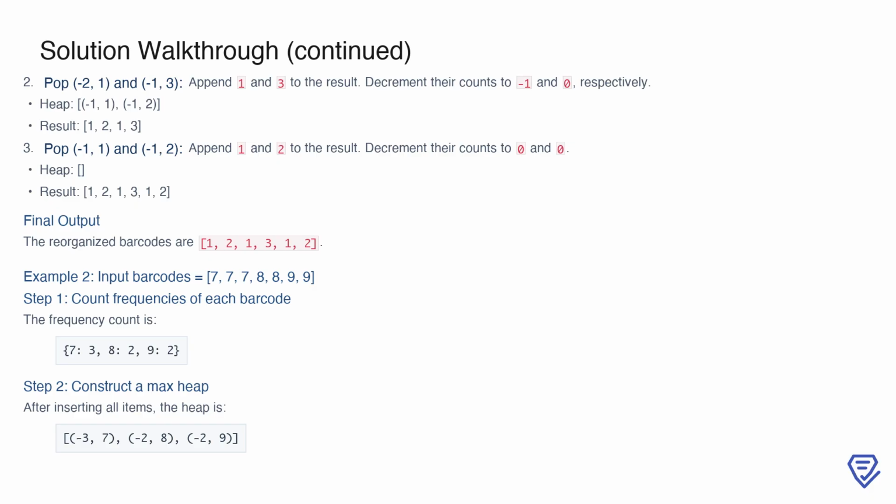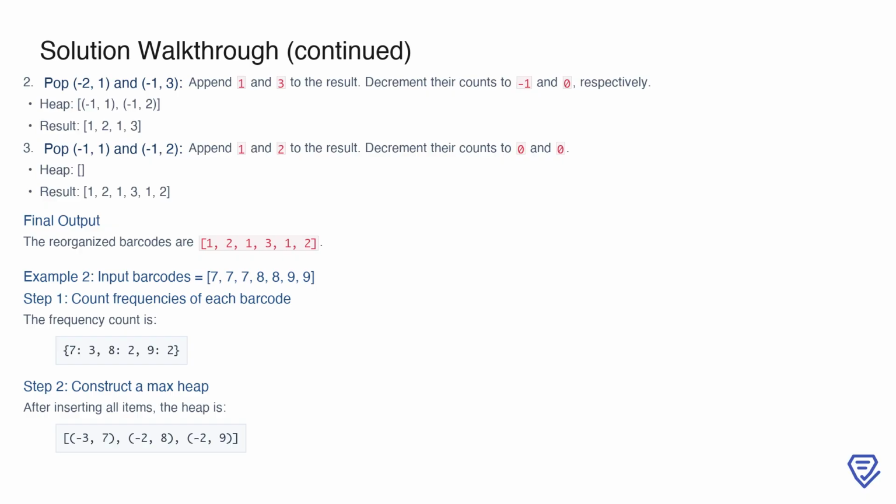In the second iteration, we pop (-2, 1) and (-1, 3), corresponding to barcodes 1 and 3. These are appended to the result array, and their counts are decremented to -1 and 0. Since barcode 3 has no remaining count, it is not pushed back into the heap. The heap now contains (-1, 1) and (-1, 2), and the result array is 1, 2, 1, 3.